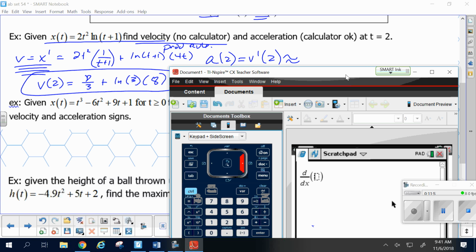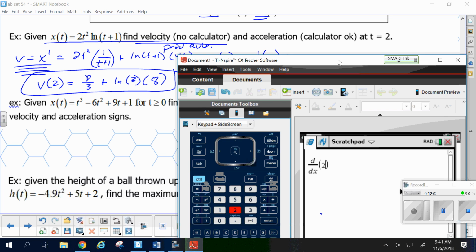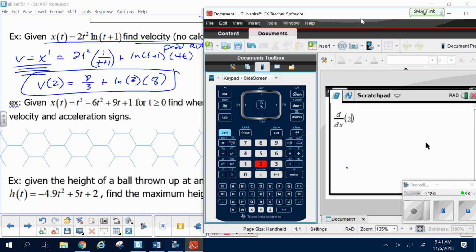You can use t if you like, whatever you like. 2, so I need 2. That's a lot to put in. 2x squared divided by parentheses x plus 1.